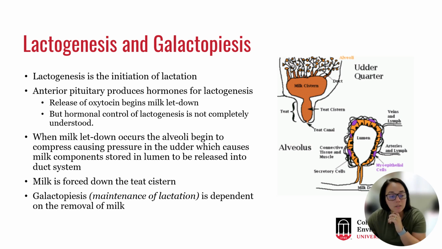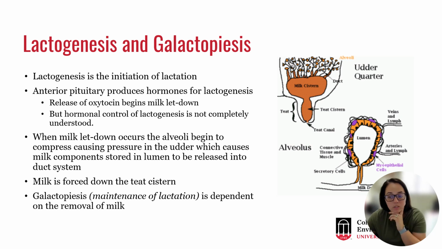So anterior pituitary glands are very important for producing the hormones that help the process of lactogenesis start. Again, lactogenesis is that initiation of lactation, and the hormone control of lactogenesis is not completely understood.